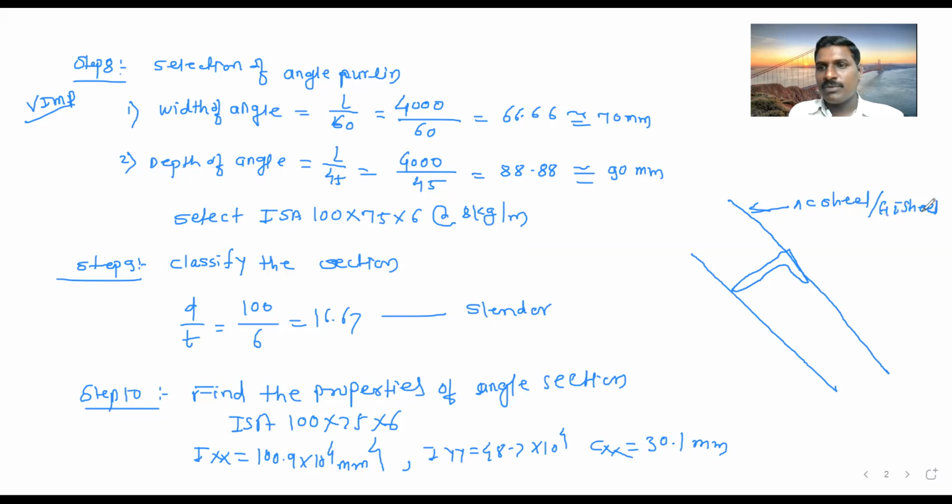In this way we have to draw the sketch. So this is your ISA 100 by 75 by 6. This is your principal rafter PR. This is the AC or GI sheet, and this will be the angle.